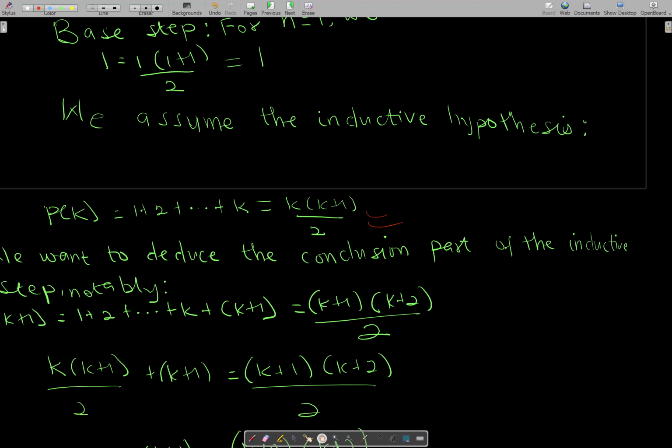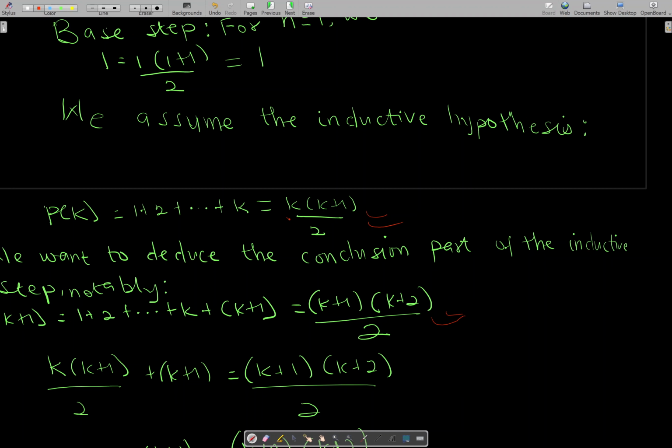Then on the right hand side, you just replace k by k plus 1. When you do that, you get k plus 1 multiplied by k plus 1 plus 1, all divided by 2. I know that k plus 1 plus 1 is k plus 2. That's what we have on the left hand side of the equal sign.